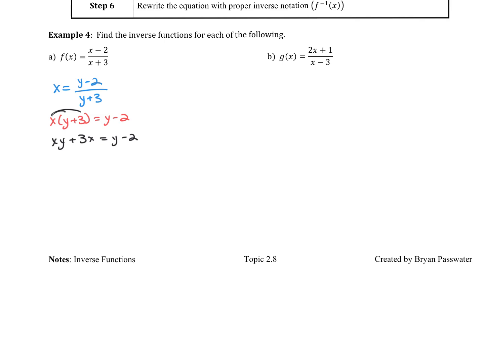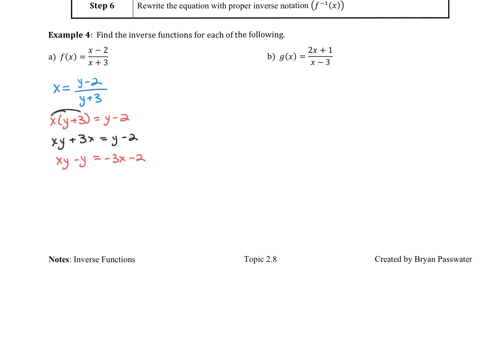I'm going to bring my y's to my left, and then I'm going to put 3x over there. And so now I'd end up with xy minus y is equal to negative 3x and then minus 2.